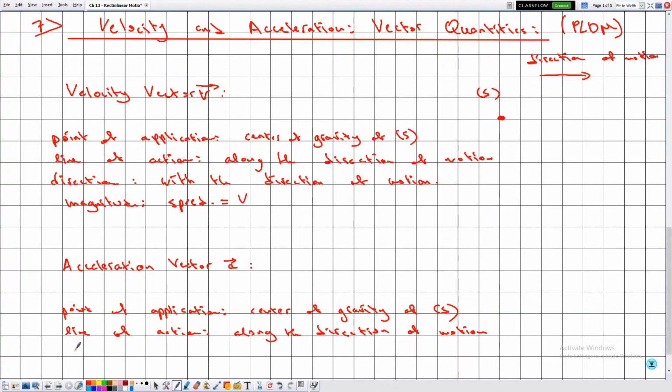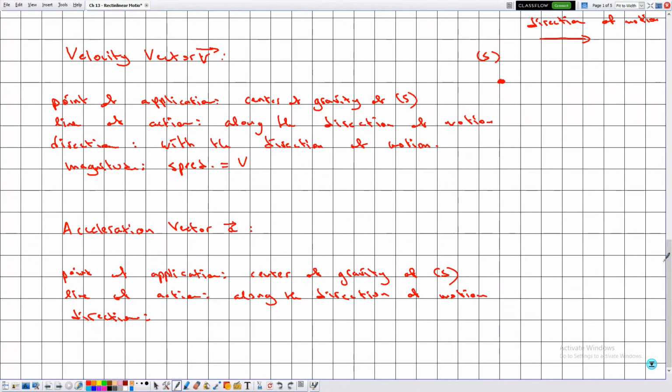Now as for the direction, let me say first the magnitude is the acceleration A. And let me say that the direction depends on the sign of A, as we shall see in the exercises.